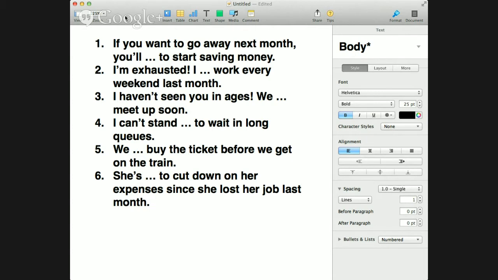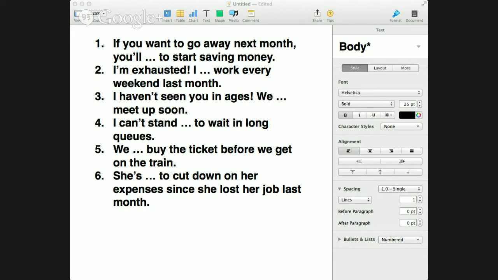All right. So there we have 6 examples. I'm going to go through these one at a time and get you guys to tell me, should I use must or should I use have to, or any of the other tenses, okay? So it could be in any tense.